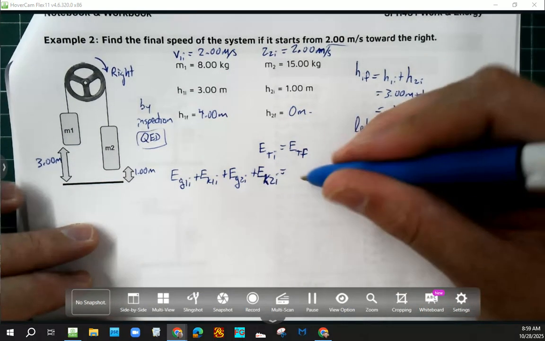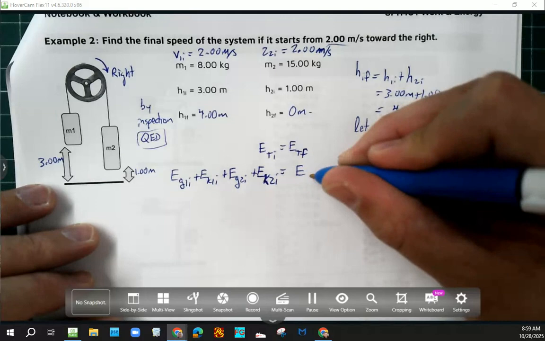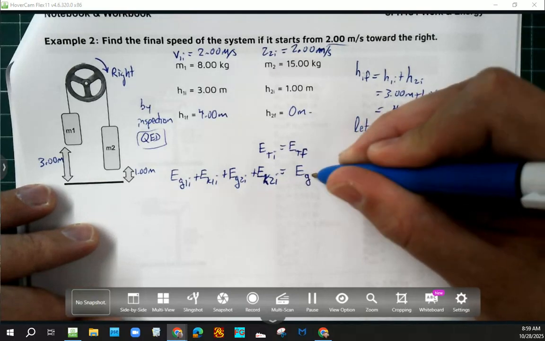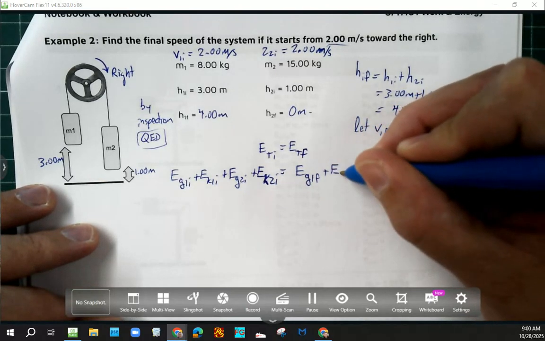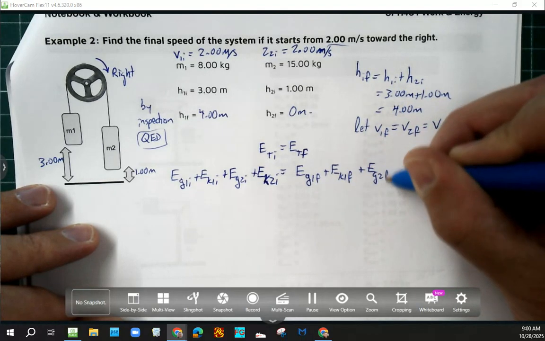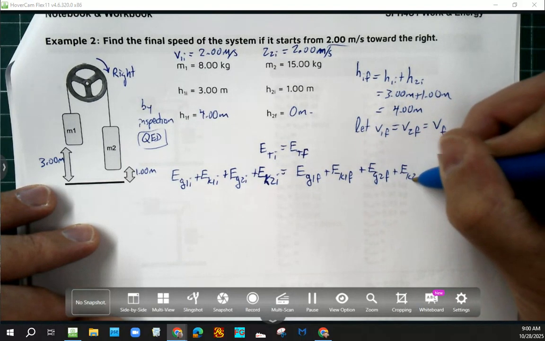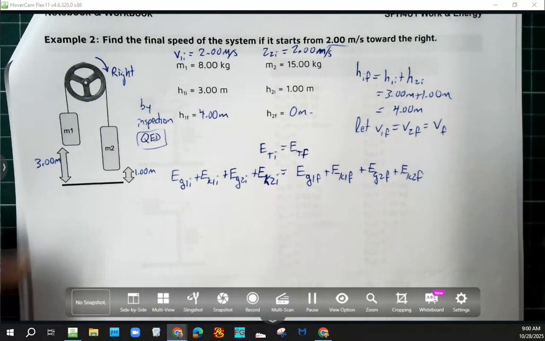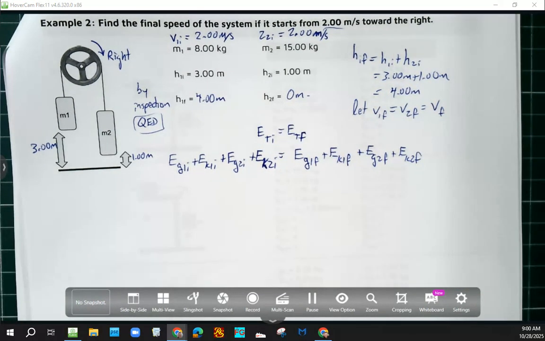And then on the right-hand side, kind of mirroring that, EG1 final, EK1 final, EG2 final, EK2 final. And I'm so driven to simplify. Is there anything that can zero out here?